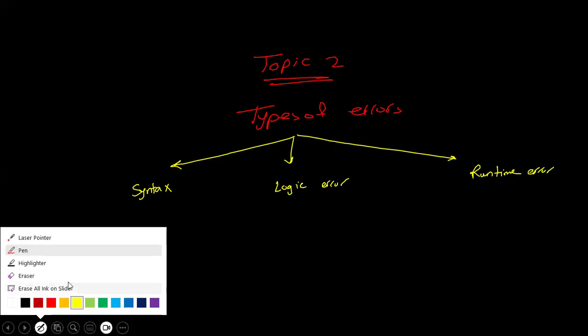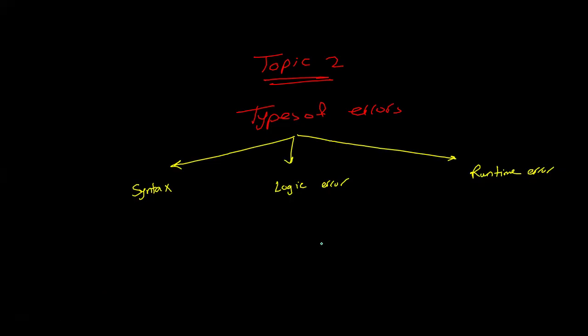In syntax error, for example, when you use incorrect syntax for the programming language, for example in Python, which we are already using, if you use a for loop, at the end of the same line you have to use a colon. If you didn't use it, this is a syntax error. Syntax error will not allow you to run your program.